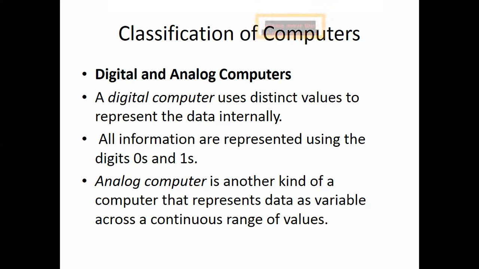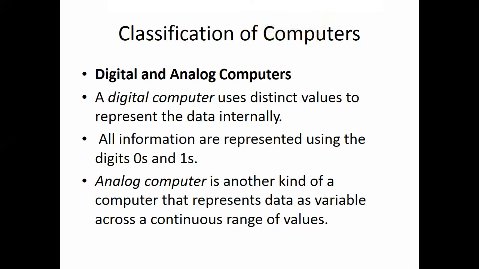We have Negroids, we have Mongoloids, etc. We can also classify people in terms of height. So there are all these different ways of classifying people. Similarly, when it comes to computer systems, we also have several ways of classifying them.